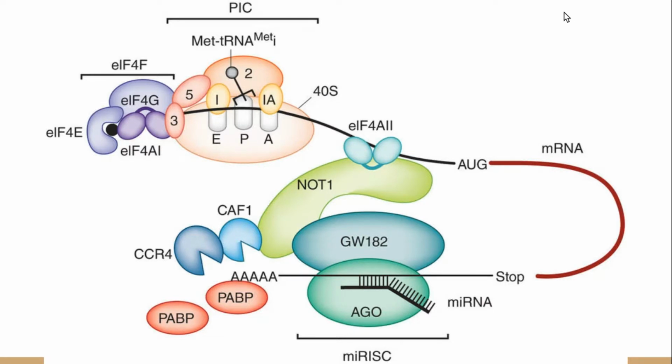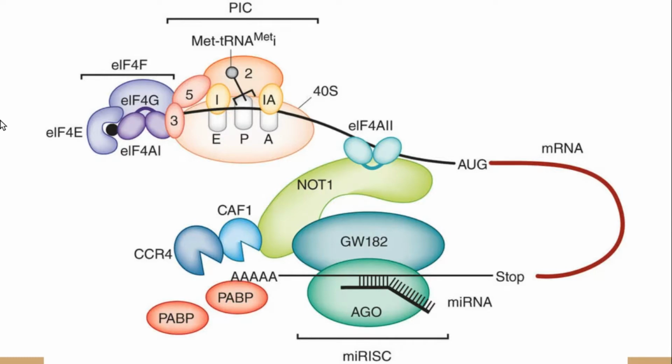This pre-initiation complex, which remember is located at the 5' untranslated region, will begin moving down the mRNA and basically will be looking for the start codon, the AUG. This process is called ribosome scanning, where the eIF4F complex and the small ribosomal subunit and also the methionine-charged tRNA will scan the 5' UTR for the start codon.